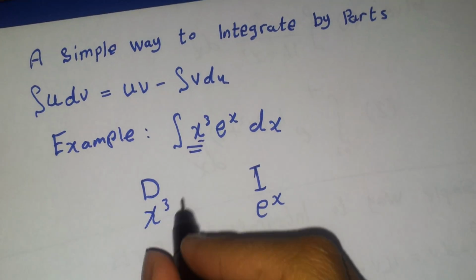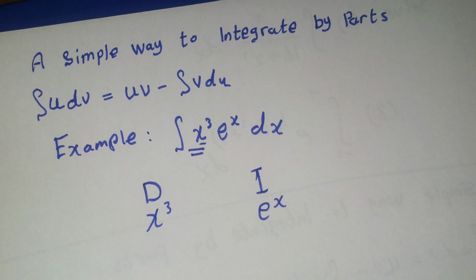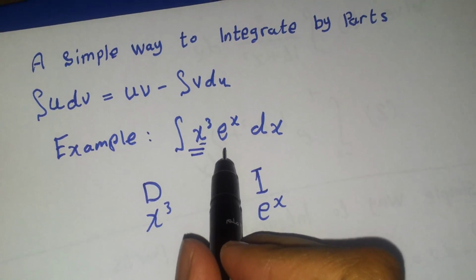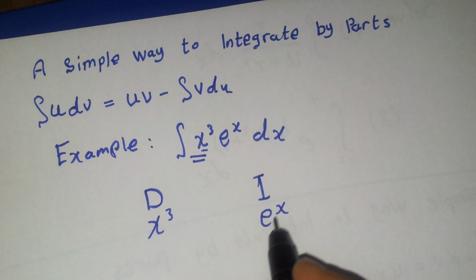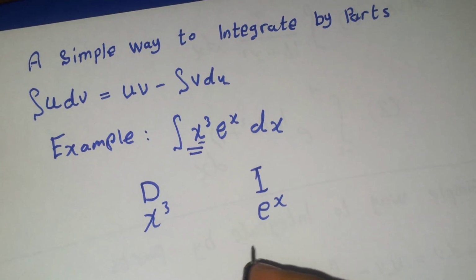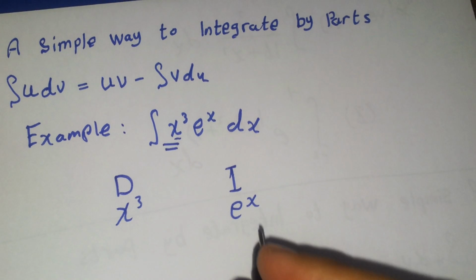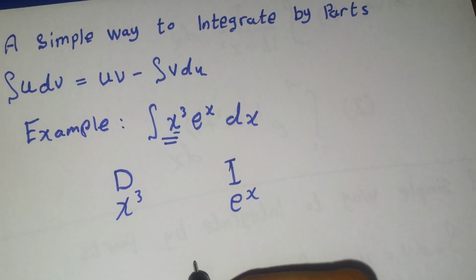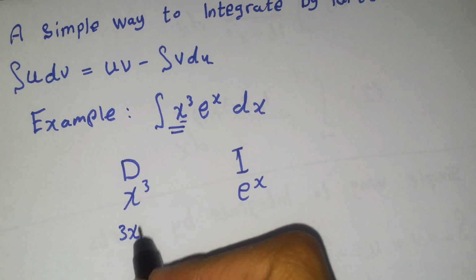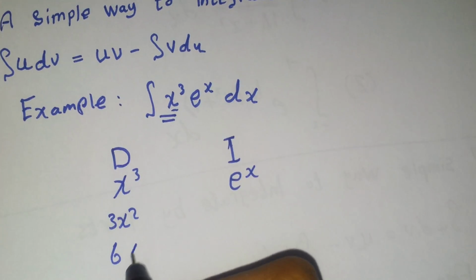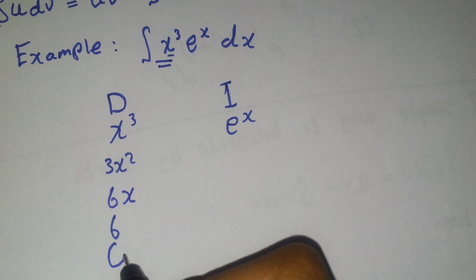Why did I do that? Because in this method we're going to need the derivative to reach 0. If I choose e^x, I'm never going to reach 0, because the derivative of e^x is e^x, and the derivative of e^x is e^x, and we're going forever. So the derivative of x cubed is 3x squared, then 6x, then 6, then 0.